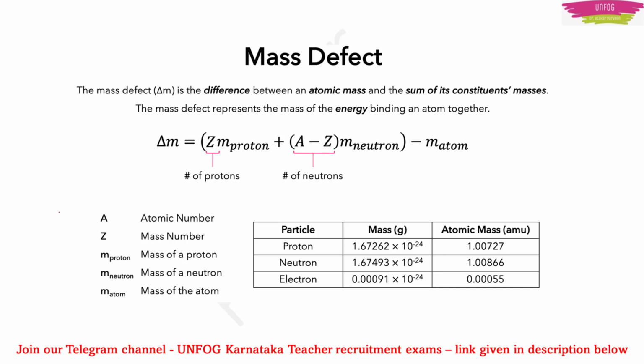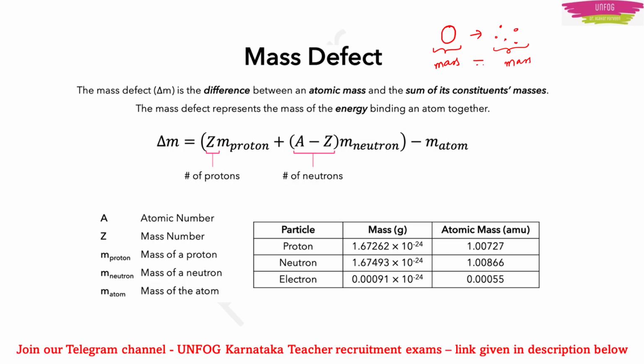Now let's talk about another concept, mass defect. Mass defect, as the name indicates, is the difference between the atomic mass and the sum of its constituents' masses. See, there is one atom. It has many constituents. If you check the mass of this atom and the total mass of the constituents together, it should be equal, right?